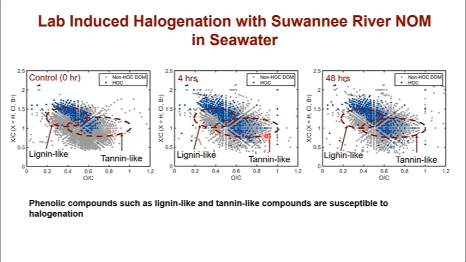Especially if we believe these are indeed tannin-like features, the growth of HOC into this region as the induced halogenation happened, knowing how the single substrate experiment went and now comparing to this complex matrix, I do have reason to believe this might be real, as in phenolic structures are really susceptible to halogenation, and they do not release volatile ozone-depleting substances and stay as halogenated phenolic compounds, lignin-like compounds, however we define that.